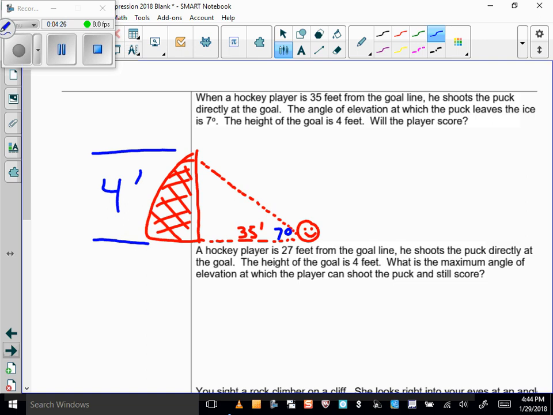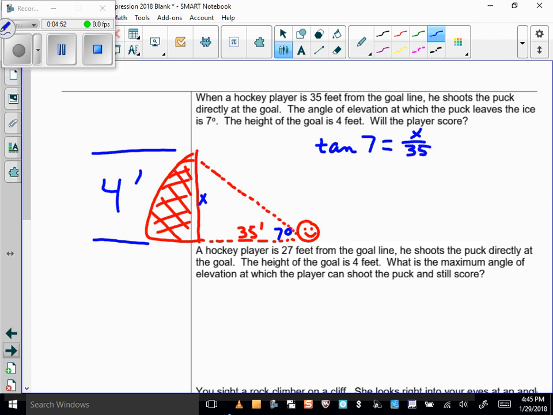Well, once again, we got an angle and we got a side opposite and we got a side adjacent. So here's what I'm really looking for. I'm really looking for this X, like where is his puck going to hit the net? So I'm going to say the tangent of 7 equals X over 35.